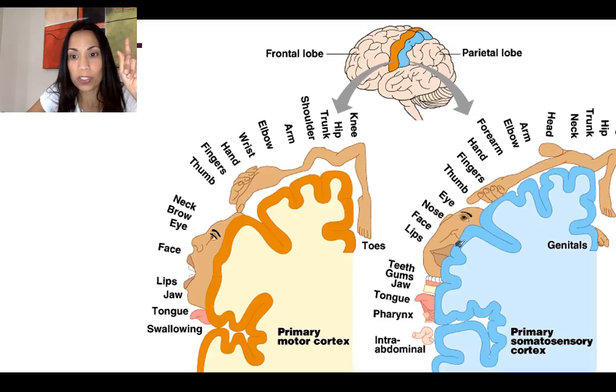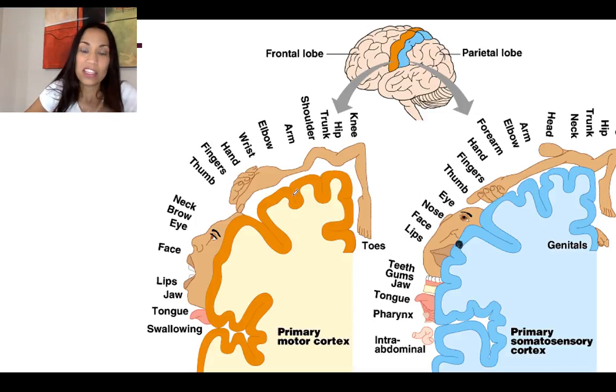Now, important to understand here is that this information crosses to the other side. So the mosquito bite that I'm feeling on my right cheek is going to be delivered to my left somatosensory cortex in the left parietal lobe.